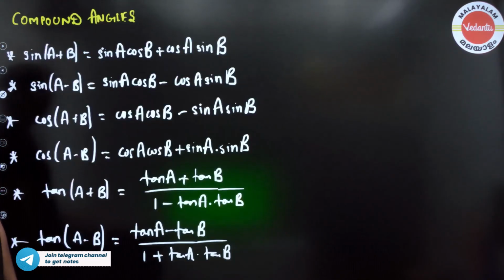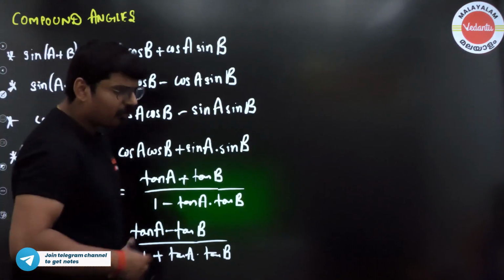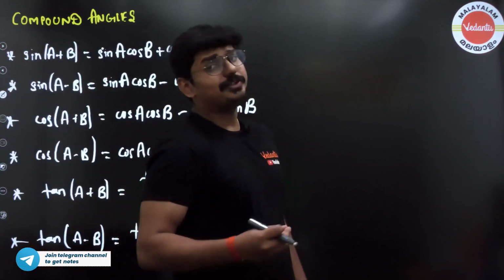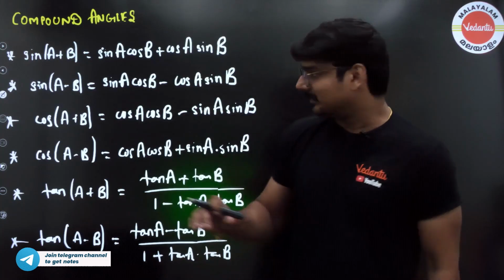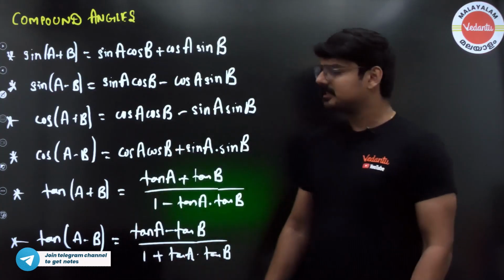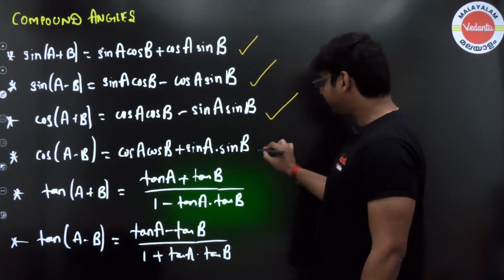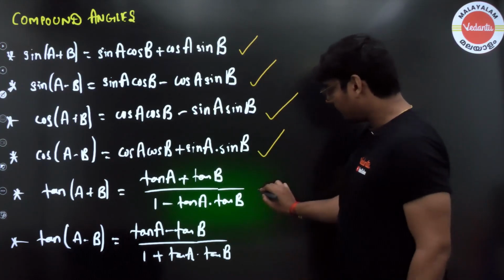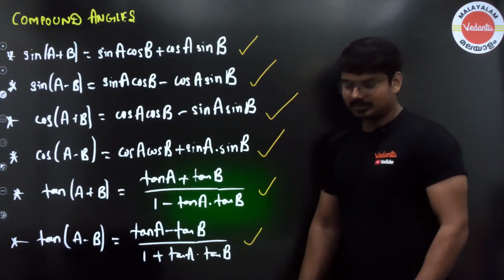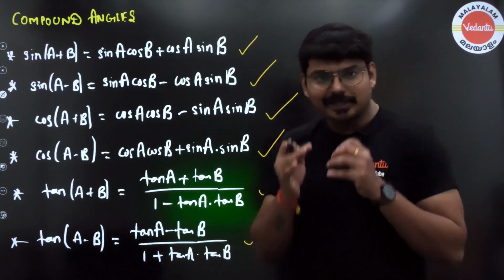Now let us get into some formulas, the formulas which you have to definitely remember. First, the compound angle formulas, guys: sine of a plus b, sine of a minus b, cos of a plus b, cos of a minus b, tan of a plus b, and tan of a minus b. Here there is nothing to do, you just have to remember this.